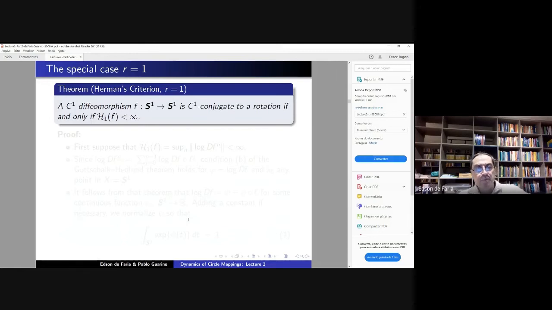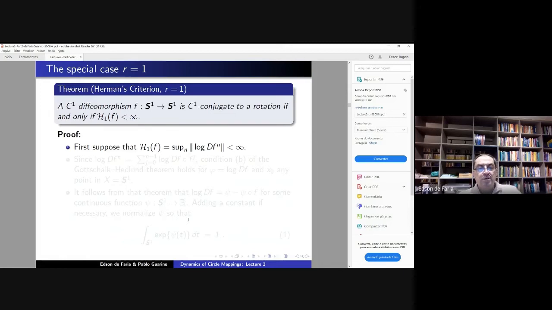So let me just repeat Herman's criterion for r equals 1. It's just saying that a C1 diffeo of the circle is C1 conjugate to a rotation if and only if Herman's first invariant at f is finite. So let's give the proof. In one direction, the real difficult or non-trivial direction is this one.